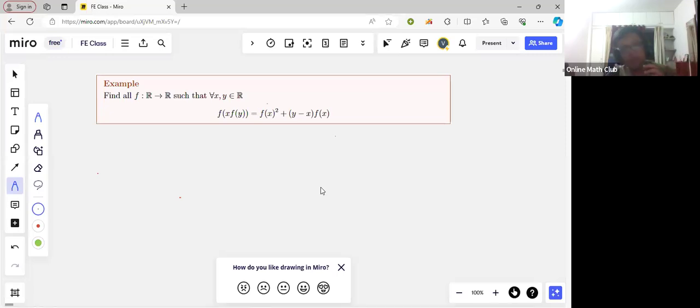So first, what do you think is the function that satisfies this equation? When you start with a case, it's a good idea to first try to find which function actually satisfies this equation, so that you have an idea of what you want to show.